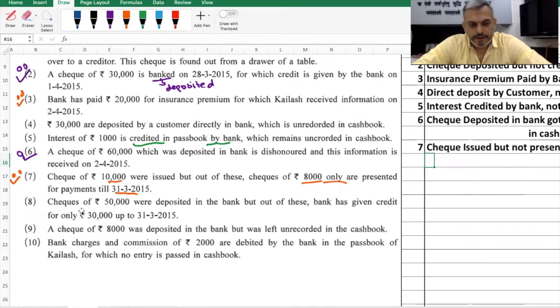Again important because there is a date. Be careful. A check of 50,000 was deposited in the bank, but out of these, the bank has given credit only for 30,000 up to 31st March 2015. Now you try this on your own and tell me what amount and which side.